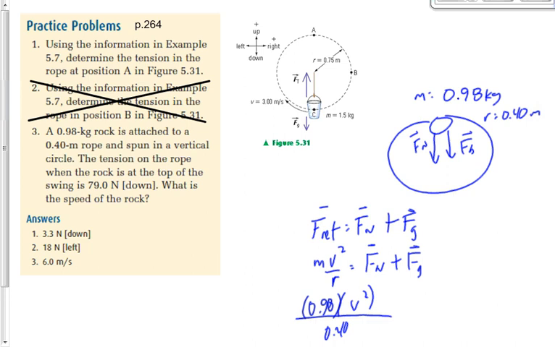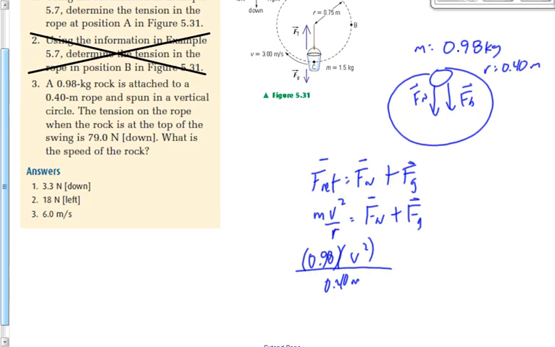Now, we've plugged numbers in for this expression. As soon as you put a number in for an expression, I want you to worry about whether it's positive or negative. The centripetal force when you're at the top of the circle is downward, so let's make that negative. Don't put the negative in until you plug numbers in. But we've plugged numbers in here, so as soon as we plug any numbers into that expression, make it negative.